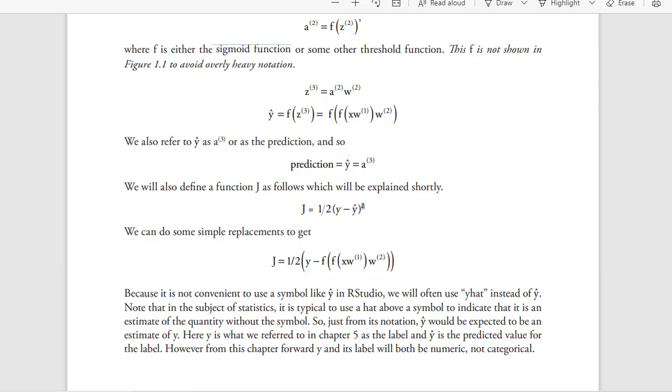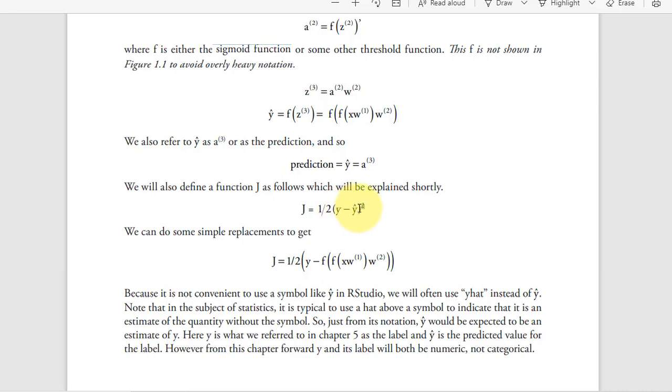And then basically we want to compare the error at one point to the error at another. And so it doesn't really matter if we multiply the error by a half or not, as long as when we're comparing, we multiply both of the two parts that we're trying to compare by a half. So we're going to multiply this by a half, and that's because when we're working with this error in our calculations, we're actually going to be taking the derivative of the error with respect to y hat, I think it is.